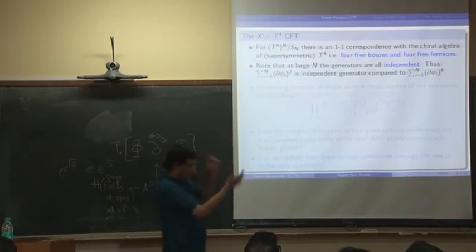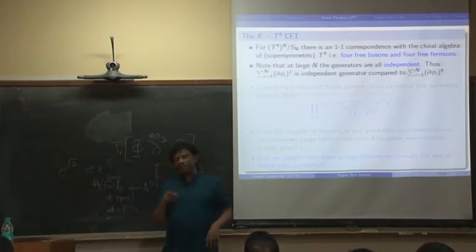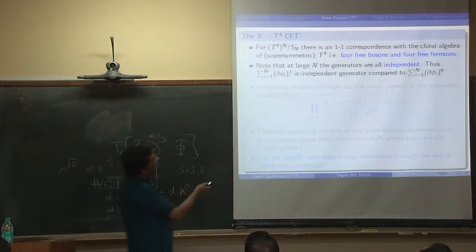So of course it is clear that each of these are conserved currents, and they are single particle because they are sort of single cycle. They're the sum over 1 to n, and they're all independent at large n.